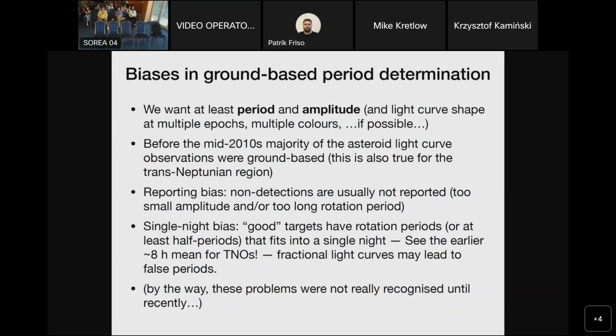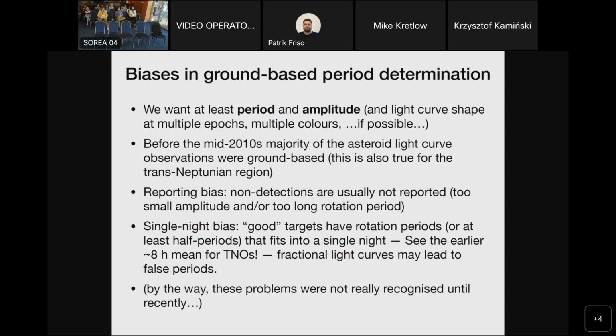And in the ground-based observations, there is a so-called reporting bias. The reporting bias is that non-detections are usually not reported. Non-detections mean the amplitude is too small, or the rotation period is too long, so we don't see a real change during the observations. And there is also a so-called single night bias.